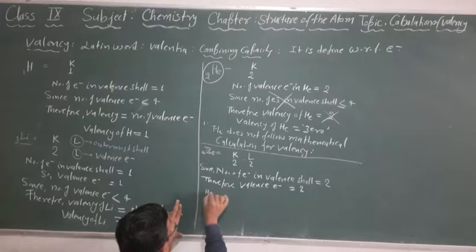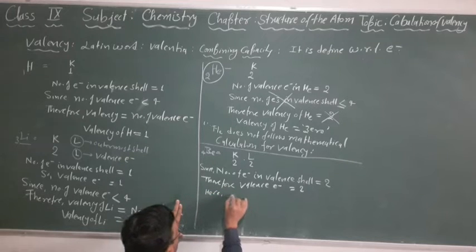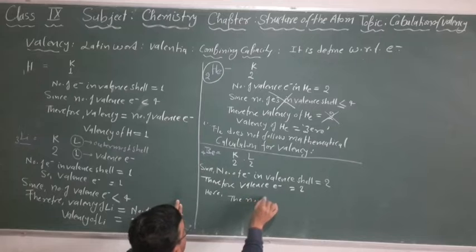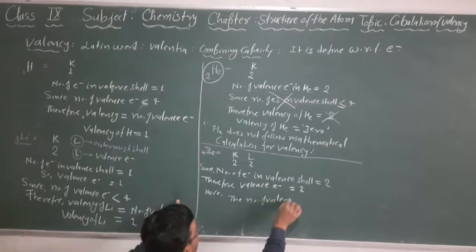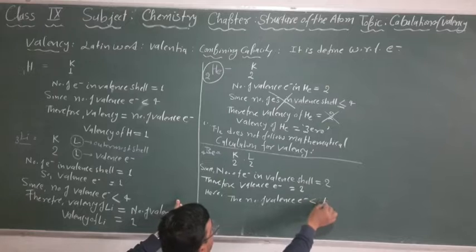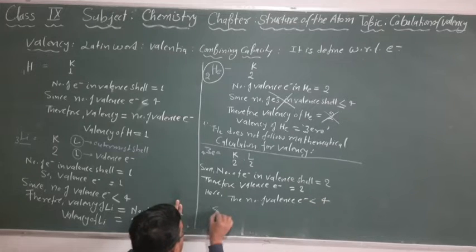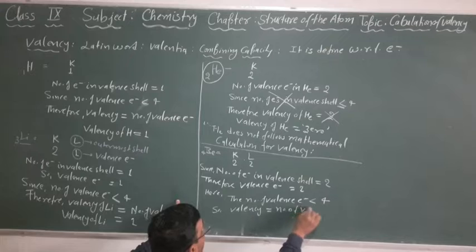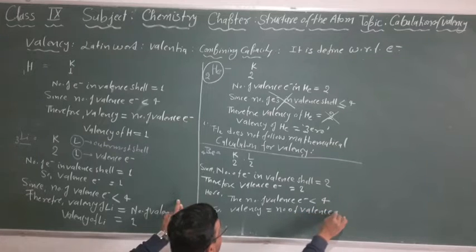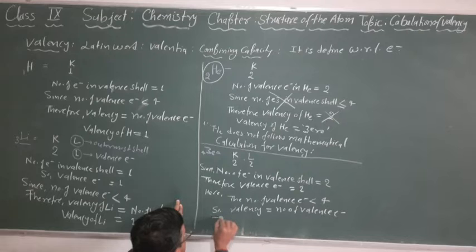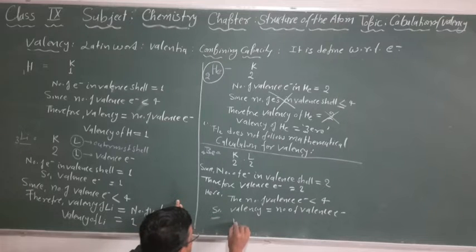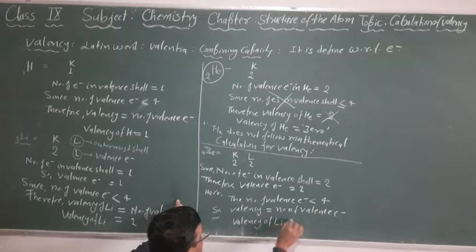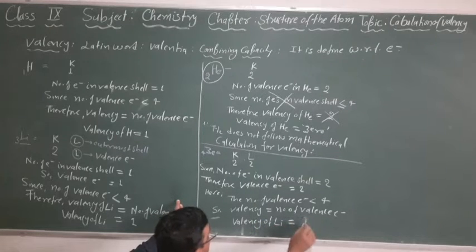Here the number of valence electrons is less than 4. So valency is equal to the number of valence electrons. So the valency of lithium will equal 2.